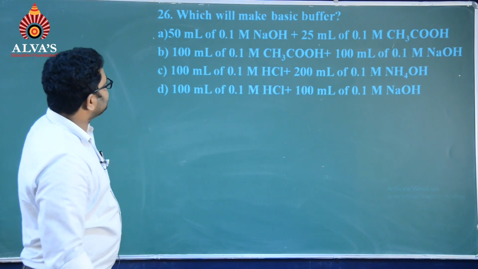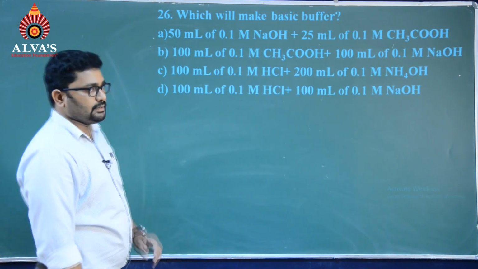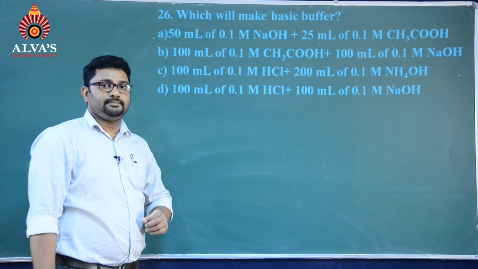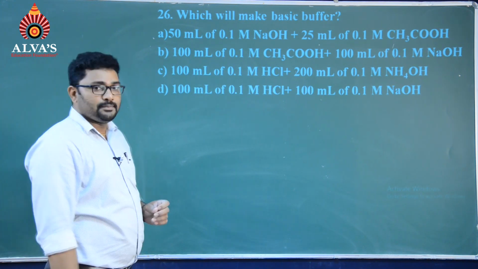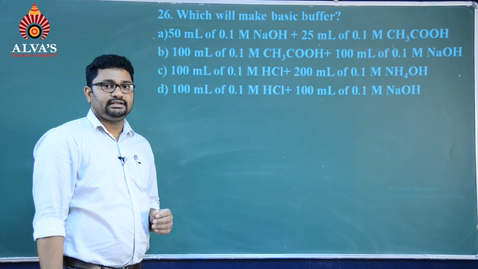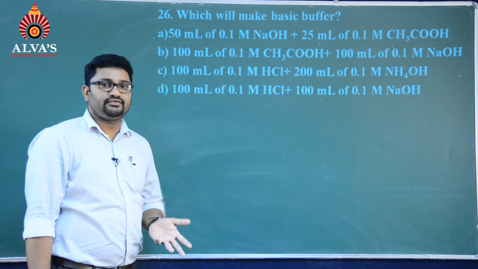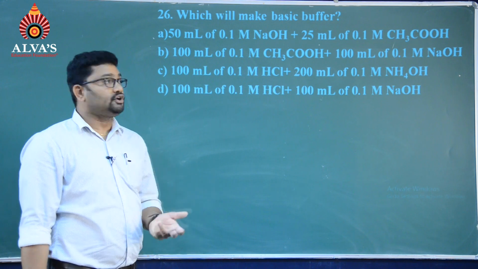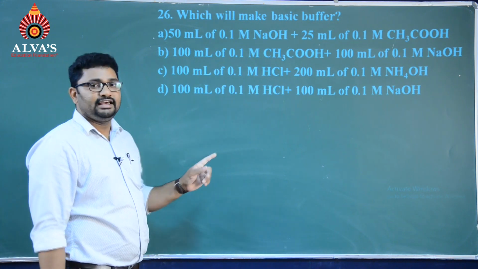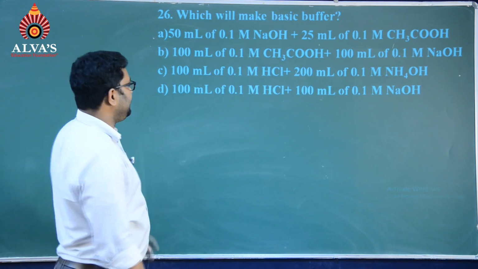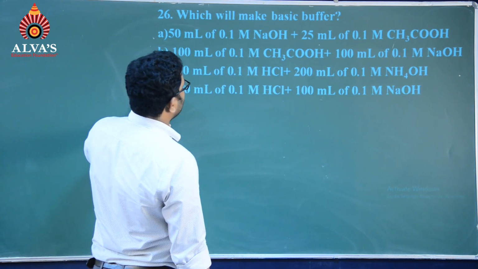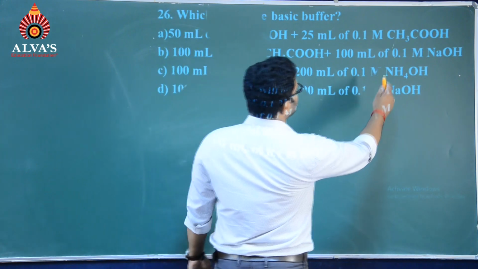Question number 26. Which will make a basic buffer? Student, the condition for a basic buffer means it should have a weak base. In addition to that, it should have a salt of a strong acid. The combination for a basic buffer is a weak base and a salt of a strong acid. Now, let us find out the weak base here.